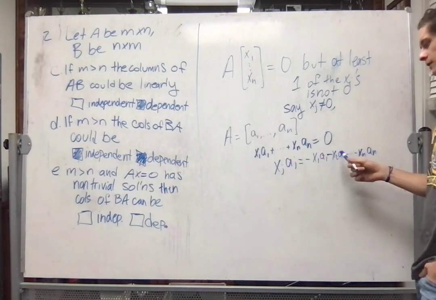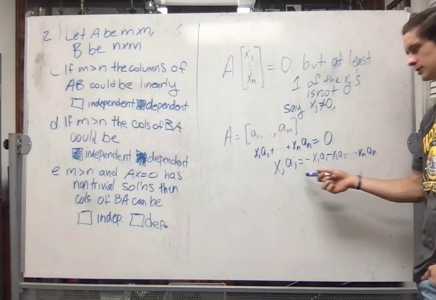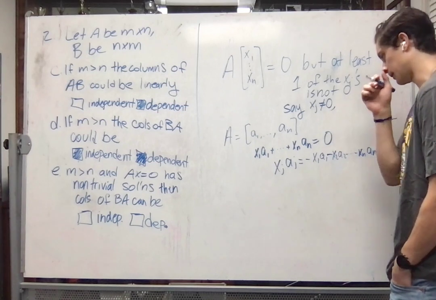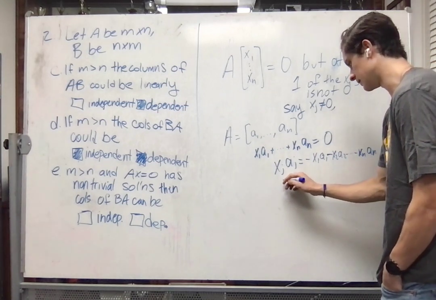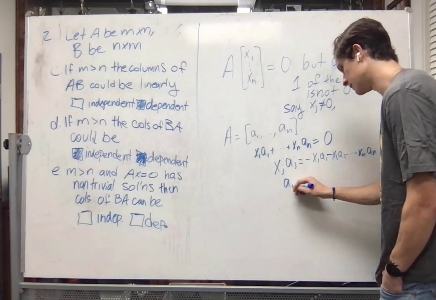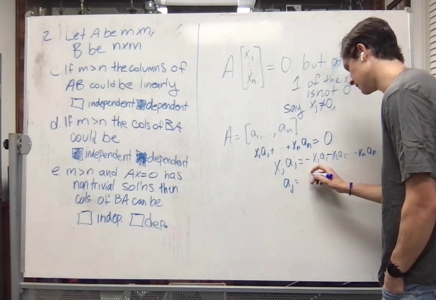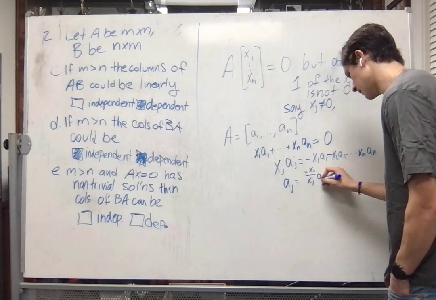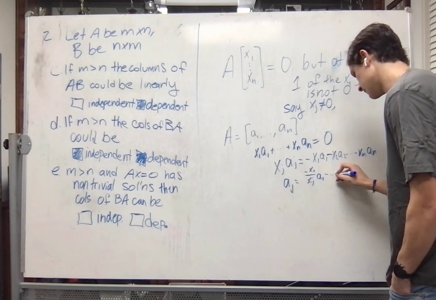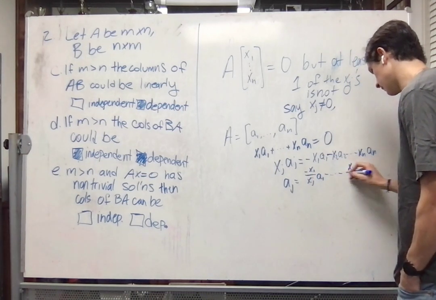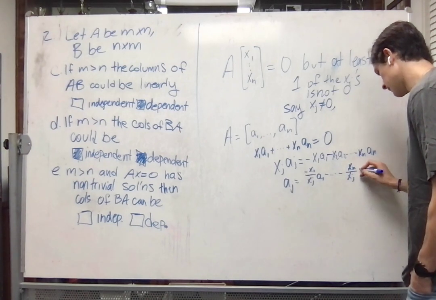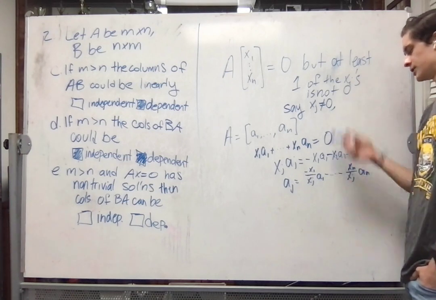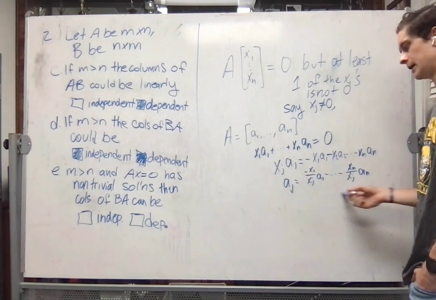So we've moved these all over to the other side. Realize that this j isn't on this side; it's isolated on this side. And then realize that you can divide by xj. So Aj is negative x1 over xj A1 minus ... minus xn over xj An. And we said that xj is not 0, so we don't have to worry about dividing by it.